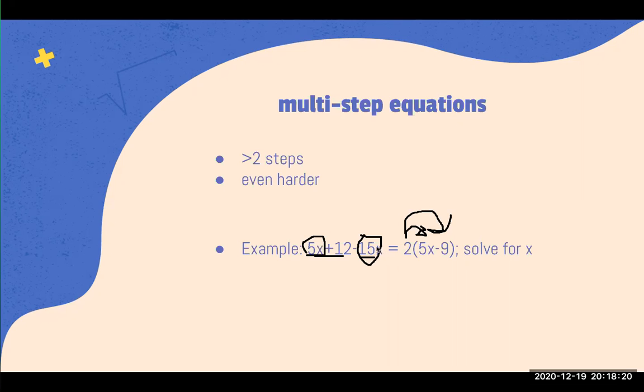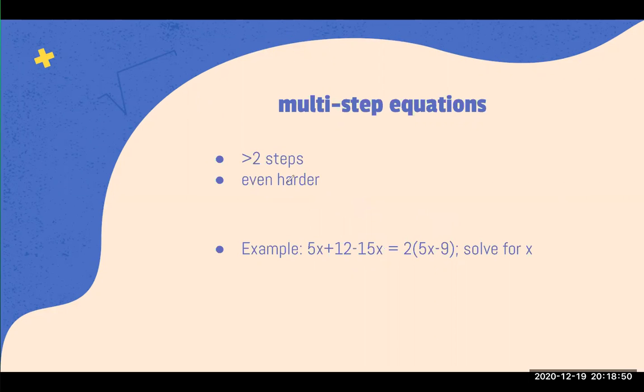These both have the same variable and the same exponent, which is 1, an invisible 1 as the exponent. So we can add these two together. 5x minus 15x is negative 10x plus 12, which we got from here. That looks like a plus. It's supposed to be an x.